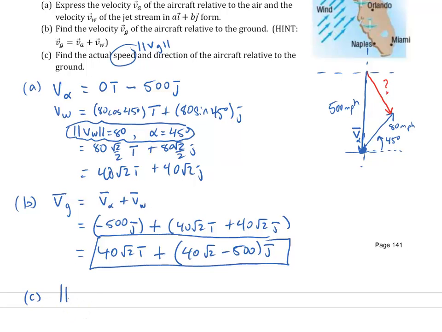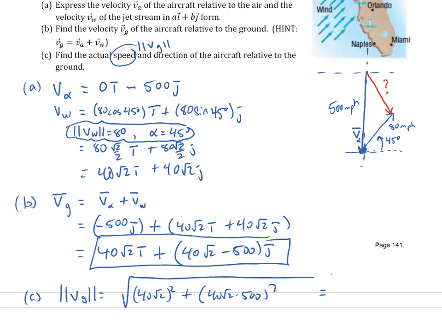The magnitude of vg would be the square root of 40 square roots of 2 squared plus 40 square roots of 2 minus 500 squared, which I'm just going to plug into my calculator and approximate, and I get relatively close to 447 miles per hour.